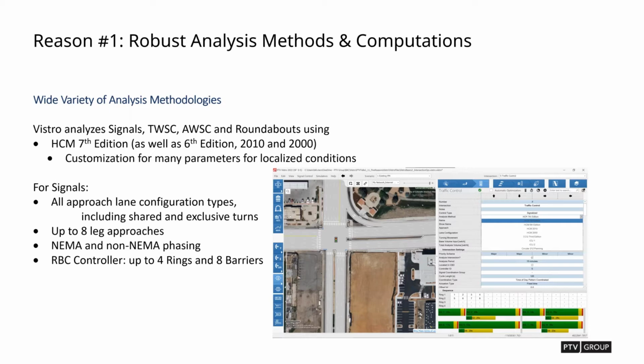So if you have not already, please take a look at that webinar and start implementing the 7th edition within Vistro. We maintain all the previous HCM editions, 6th edition, 2010, and 2000.